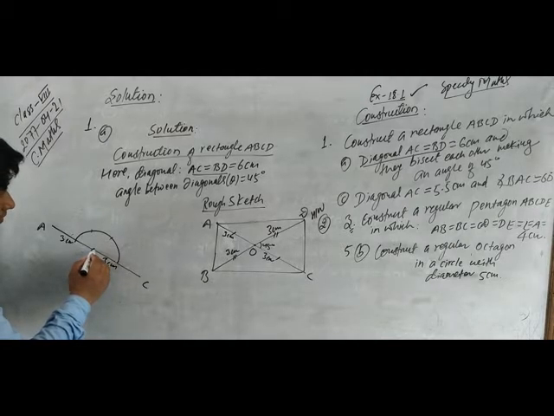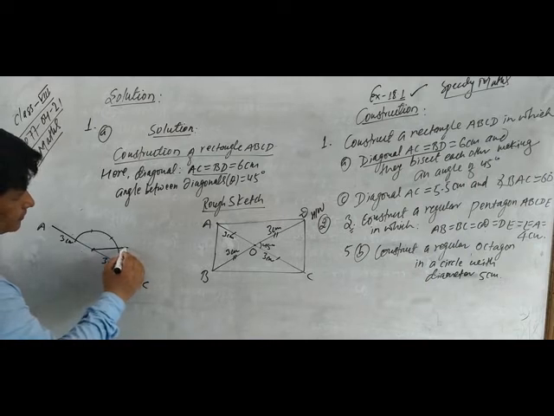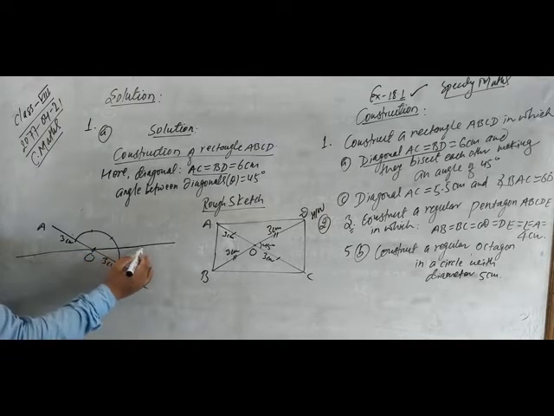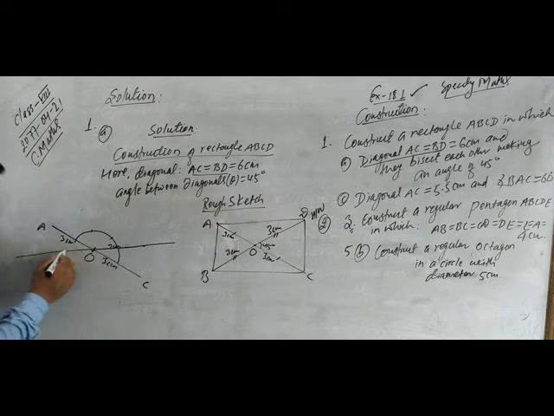Draw the angle 45 degree in this way. Take 3 cm on this side and 3 cm on this side. So you can take 3 cm here and 3 cm here.